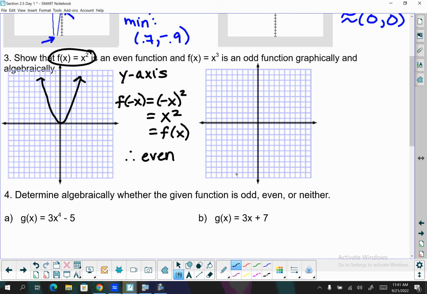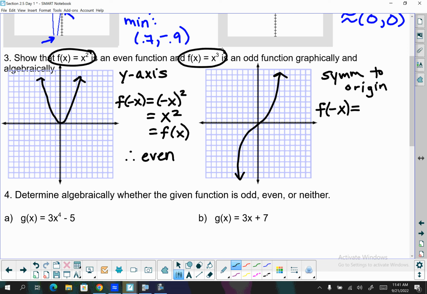Okay, x cubed is going to look like that, kind of like this squiggly little S shape. What kind of symmetry does it have? Yep, symmetric to the origin. So we know it's odd from its graph. Let's say we can't get the graph. We prove it algebraically. We start the same way. F of negative x. We plug negative x into our function. So negative x to the 3rd power.